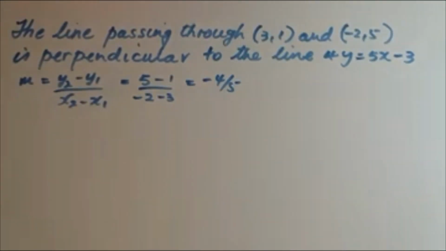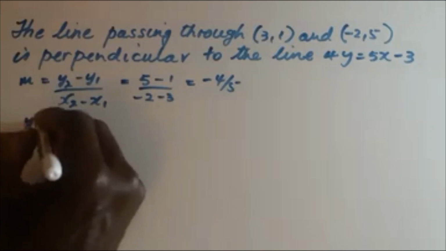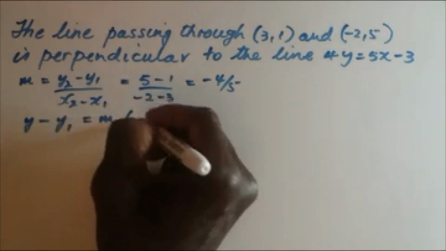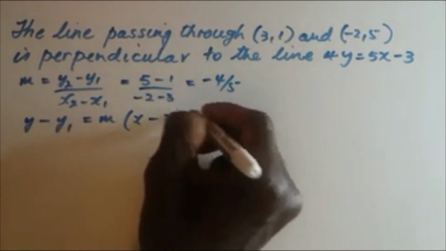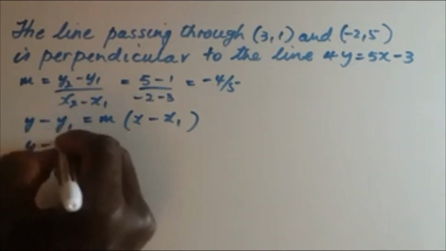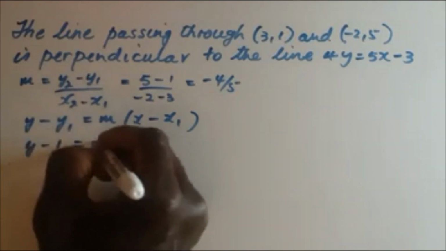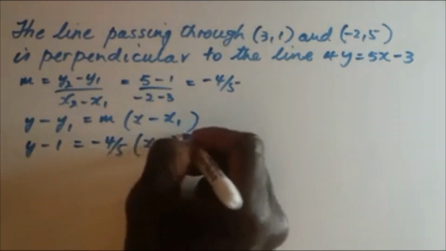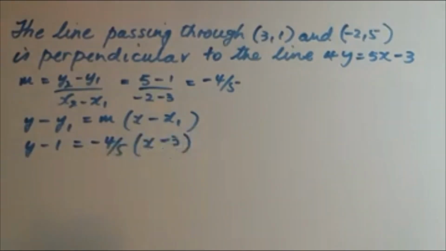Now we can find the equation of the line passing through these 2 points. Using this formula, y - y1 = m(x - x1), this gives us y - 1 = -4/5 (x - 3).